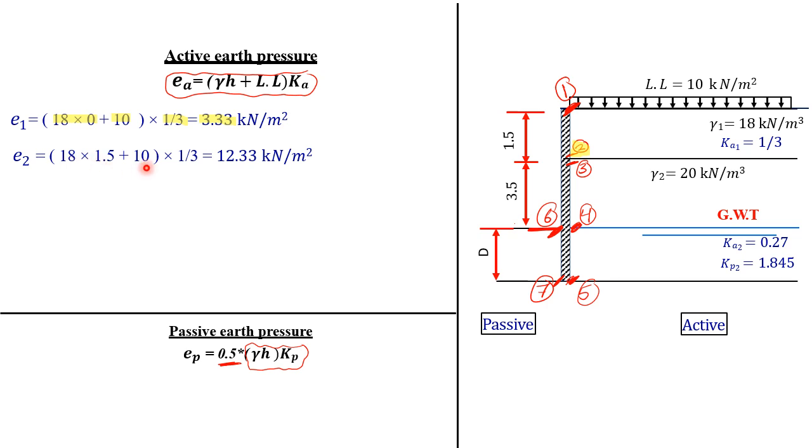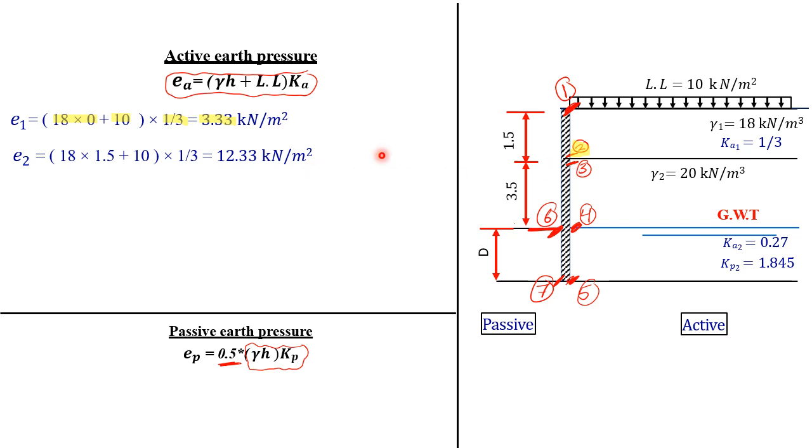Your live load is 10. And again, point 2 lies inside soil number 1, so it will take K active 1, that's 1/3. And this will be equal to 12.33 kilonewton per meter square.